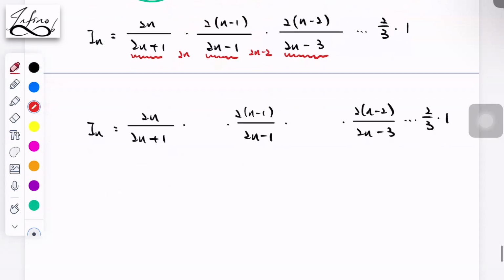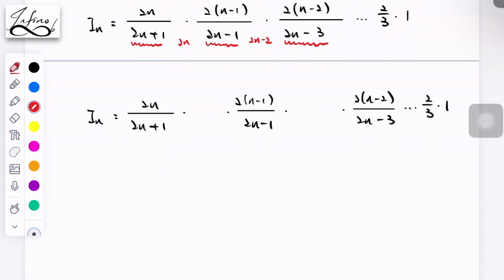And I use red to multiply the middle term, which is 2n and 2n minus 2. But I have to do adjustment for the numerator, which is 2n and 2n minus 2. And indeed, you see the denominator is already in a series, or you can say a factorial relation.